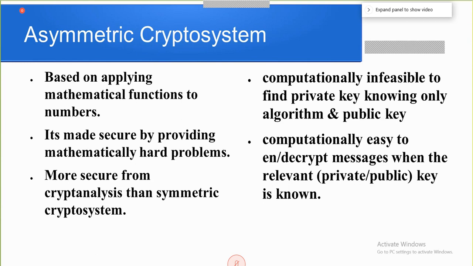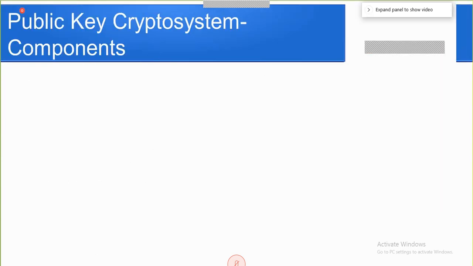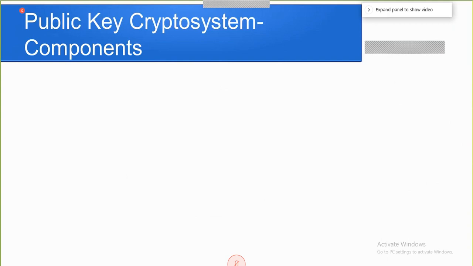That is, everyone knows the public key of all others. So, it is computationally infeasible to find the private key by knowing the algorithm and the public key. But it is easy to encrypt or decrypt the messages when the corresponding key is available. Suppose it is encrypted using the private key, then everyone can decrypt using the corresponding public key. Okay. So it is computationally easy to decrypt or encrypt messages when the relevant key is available.